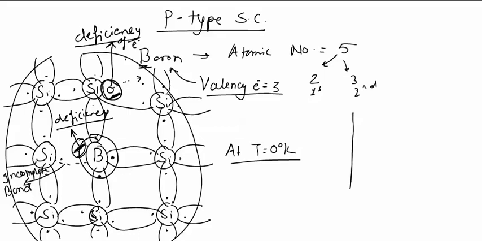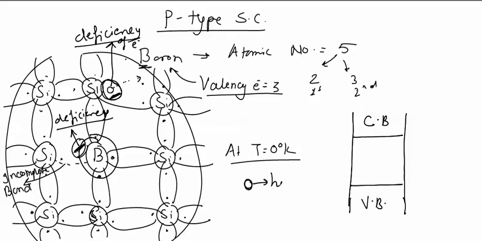In the energy band diagram, like the intrinsic semiconductor, everything will be the same. There is a little difference: in an intrinsic semiconductor, we have only one type of deficiency, called a hole.